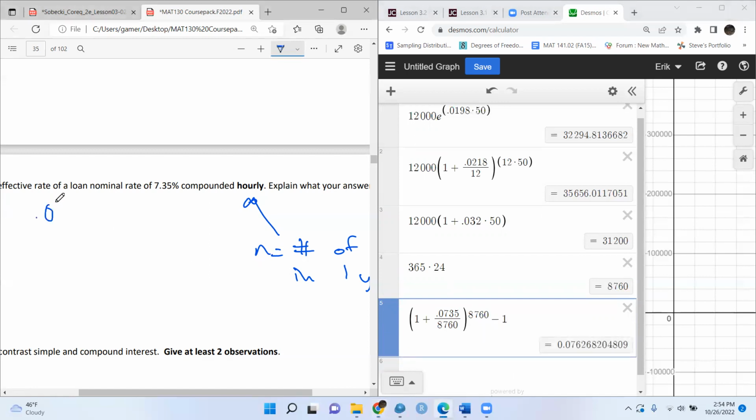So 0.076268, or 7.63%. Now, what is this? This is 7.63% simple interest. Is that what you got?